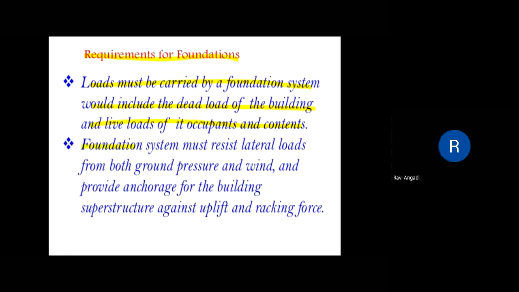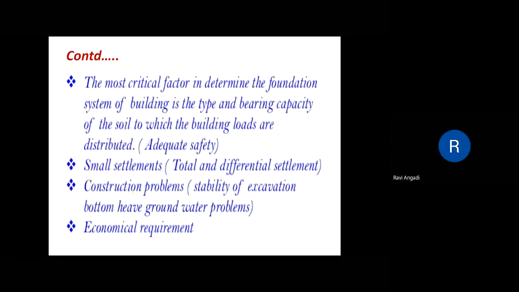The second one is that the foundation system must resist lateral loads from both ground pressure and wind and provide anchorage for the building, a suitable anchorage for the superstructure against uplift as well as raking force.